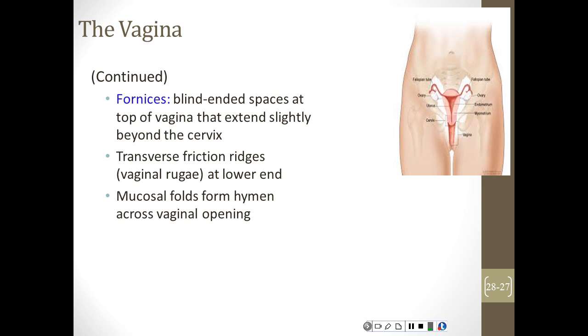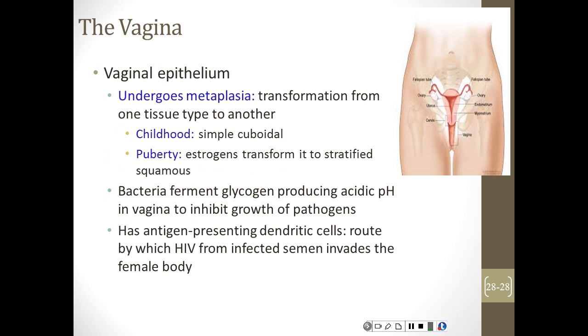Now at the vaginal orifice, the mucosa folds inward and forms a membrane called the hymen. Now, which is ruptured by the first intercourse, if not by non-sexual actions before, such as condoms, medical exams, or any type of strenuous exercise.